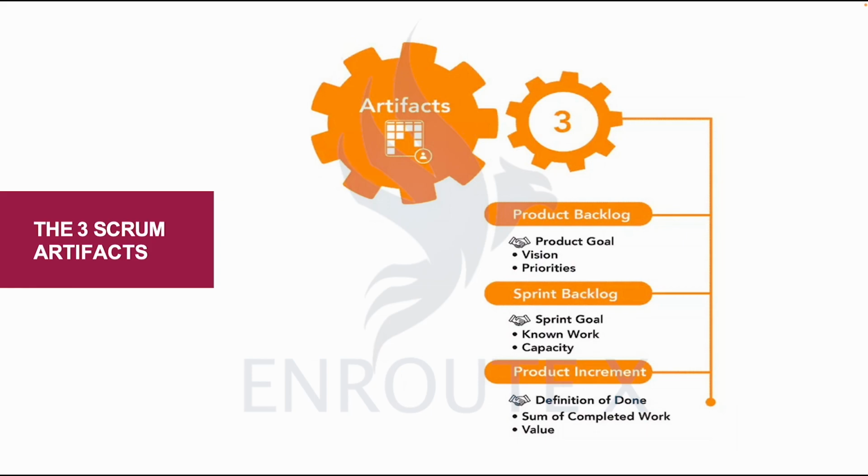So picture a product backlog as the entire project or product that needs to be developed, but now broken into smaller pieces, just like a puzzle. You know those little puzzles that of course from time to time we all have played with those.